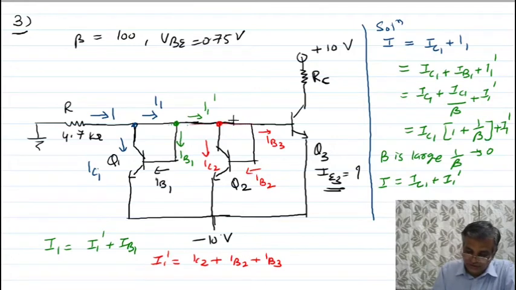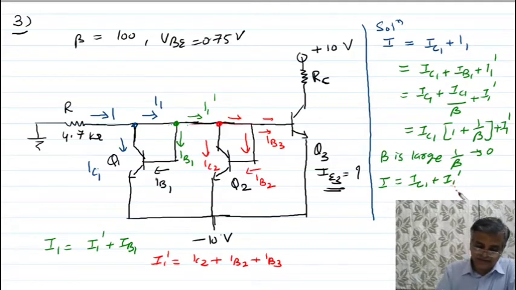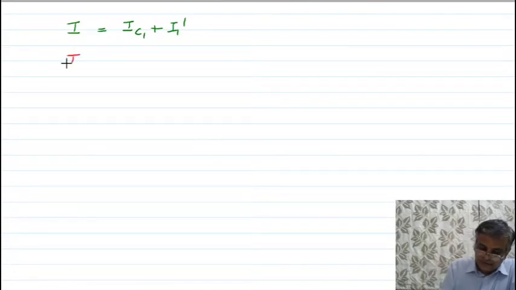So see here, I can use this I1 dash in this equation. So let me use it in this equation. I can write I is equal to IC1 plus IC2 plus IB2 plus IB3.